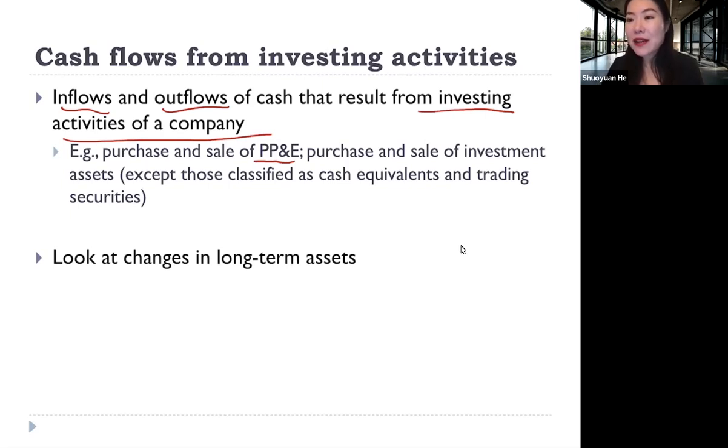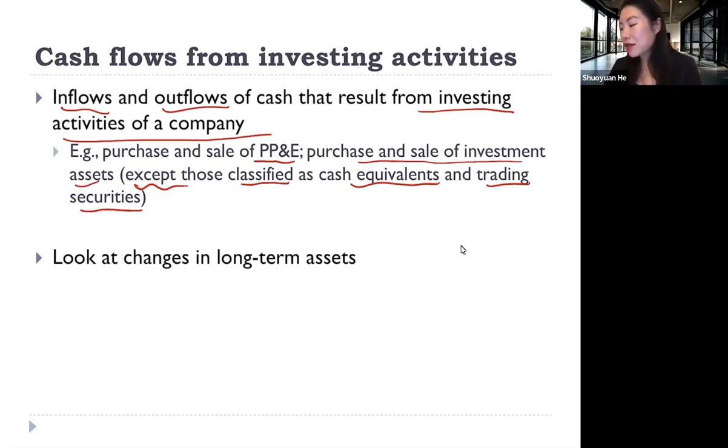If the firm sells that equipment, that's also an investing activity. Purchase and sale of investing assets, except those classified as cash equivalents and trading securities. Why? Because those two items are current assets. So if it is classified as trading securities, that's actually an operating activity of the firm.